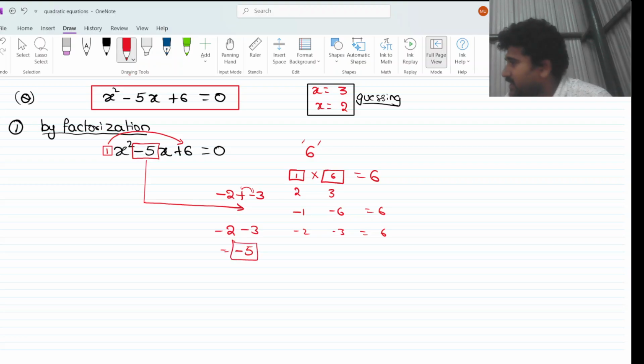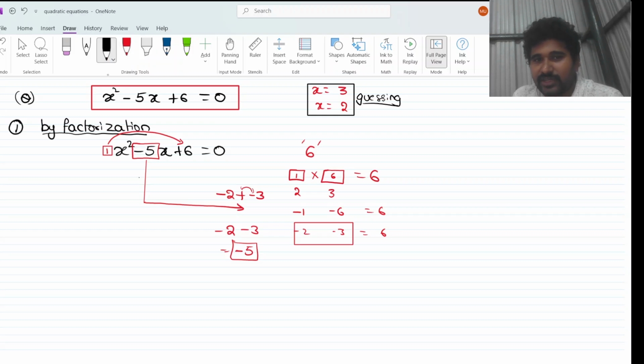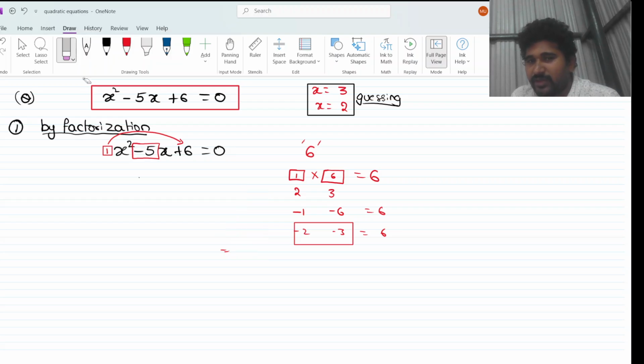Is that clear? Yes or no? The best suitable numbers are minus 2 and minus 3. You should get them in this manner, every step has a meaning. So we got the numbers to be minus 2 and minus 3.